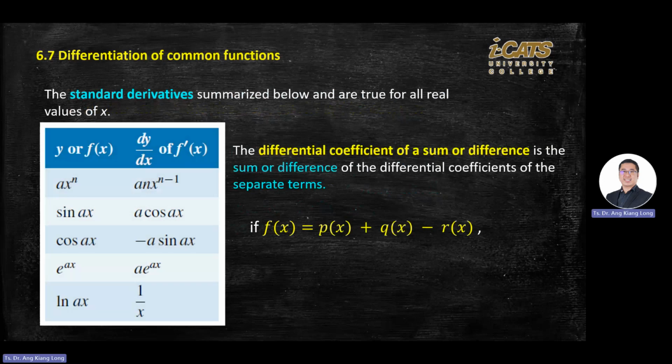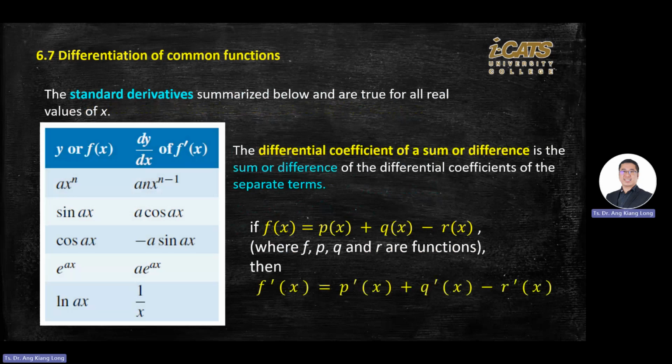If you have a function of x consisting of p function, q function, r function, all related to x, and the question asks you to do differentiation, first you need to do the same for function p, function q, function r.